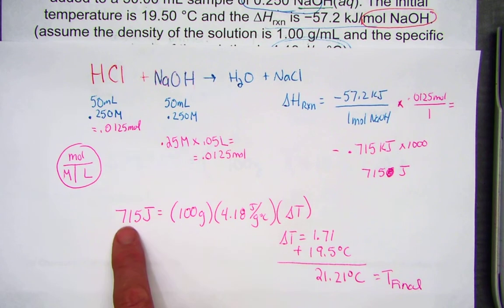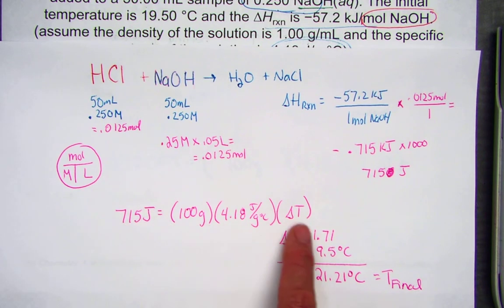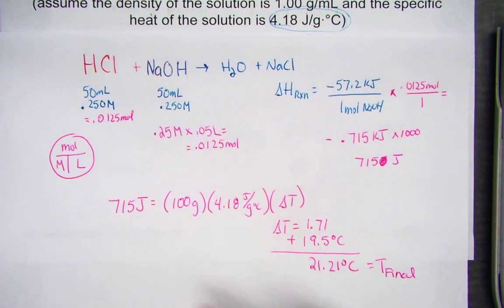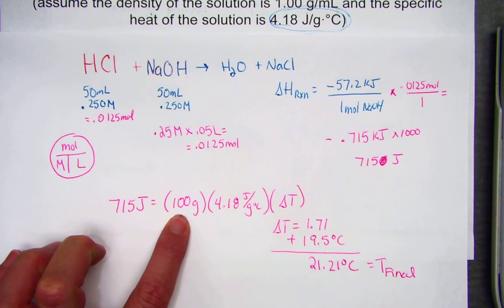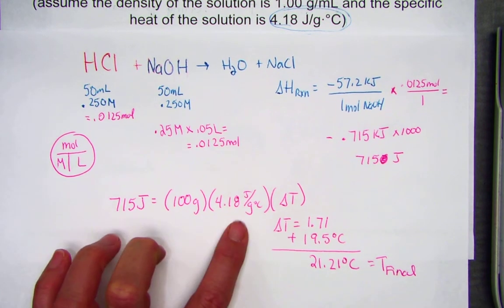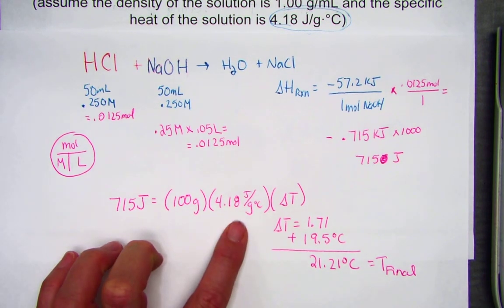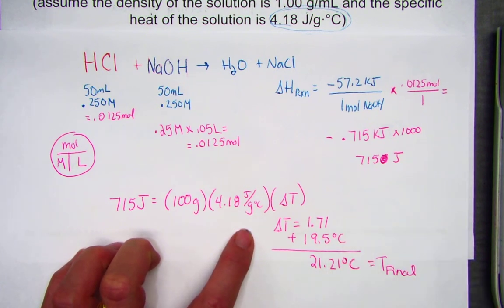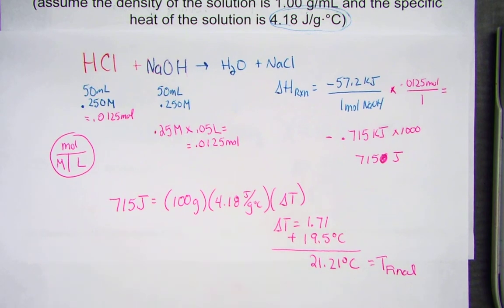That becomes the heat energy. We set the mc delta T. How much heat did the water absorb? That was 715 joules. Divided by the mass of the combined solution, divide again by the heat capacity of water. The water changed a little by 1.71 degrees. This number makes so much more sense. 21.21 degrees Celsius, the final temperature reading on that water.